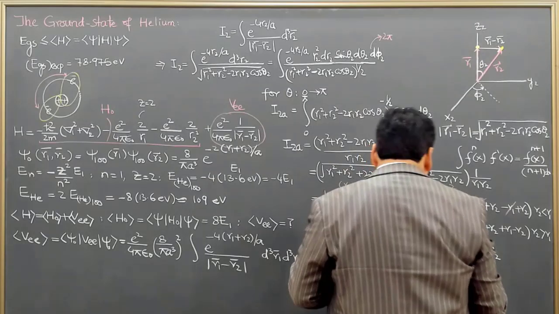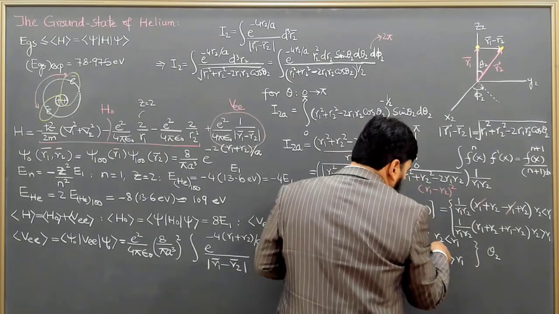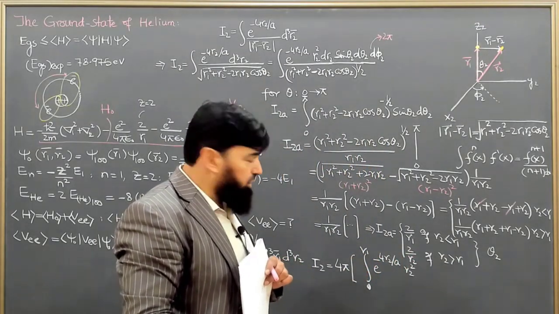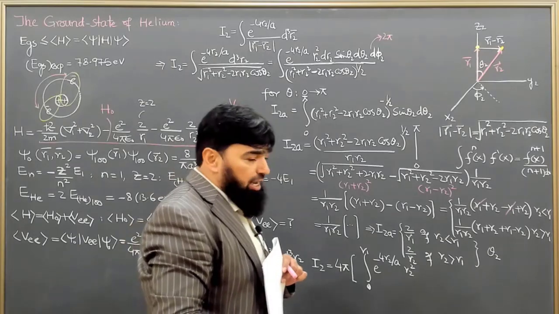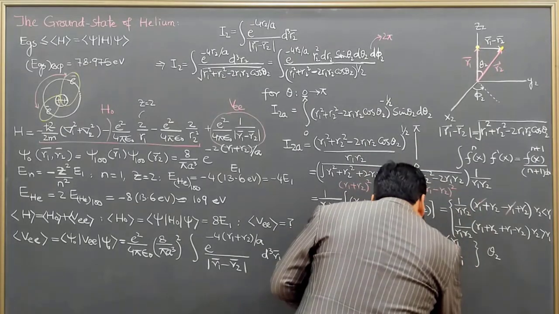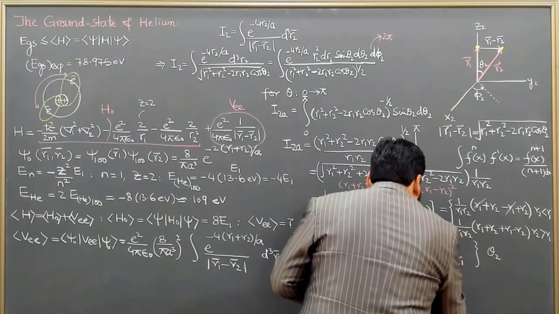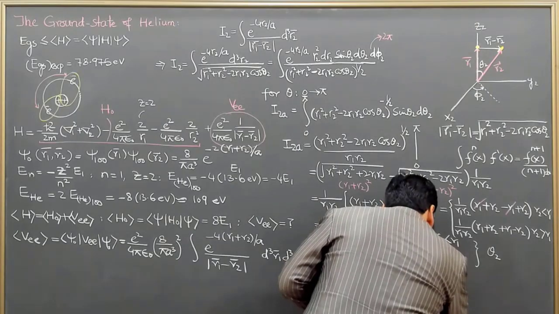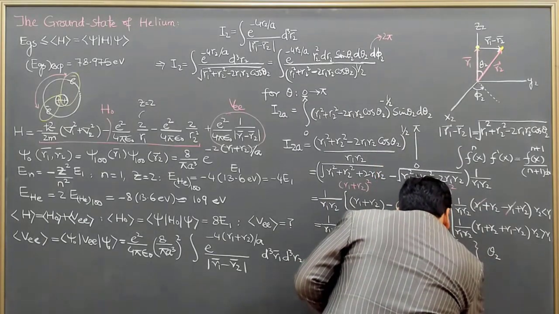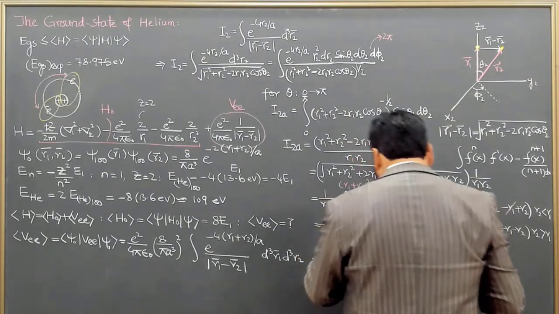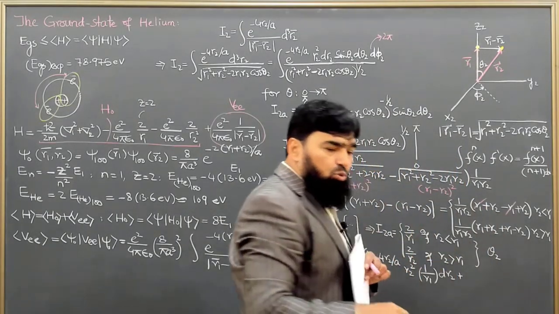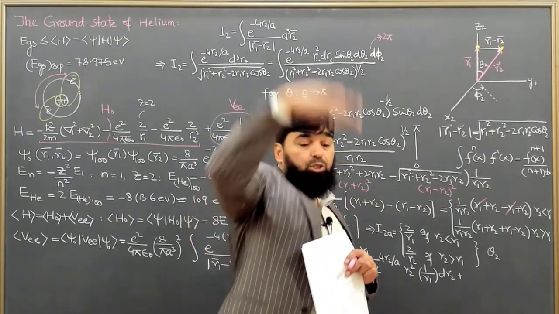So this is the situation when R2 is less than R1, so R2 will only rise from 0 to R1 here, R2 square, and this is 1 over R1 here, dR2, plus when R2 is greater than R1, it will start from R1 to infinity.